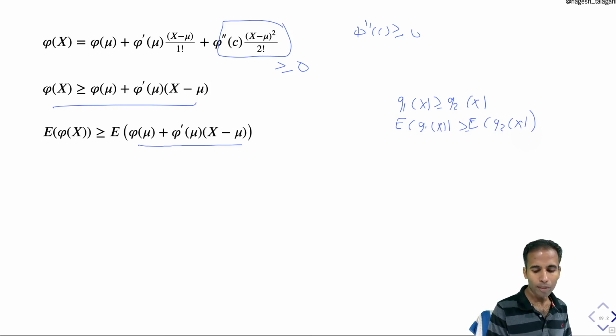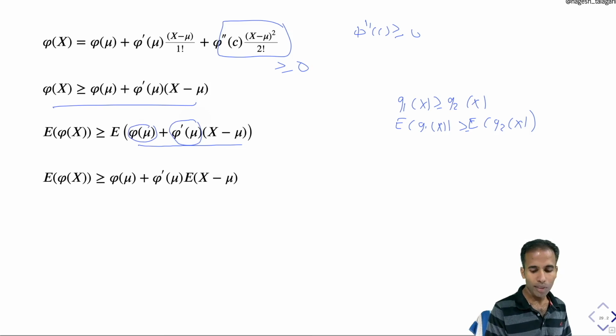Now if I apply expectation inside, phi of mu is constant and phi dash mu is constant, so expectation is applied only to x minus mu. So phi of mu plus phi dash mu times expectation of x minus mu, which is the first central moment, is expectation of x minus mu, so mu minus mu, this is 0.